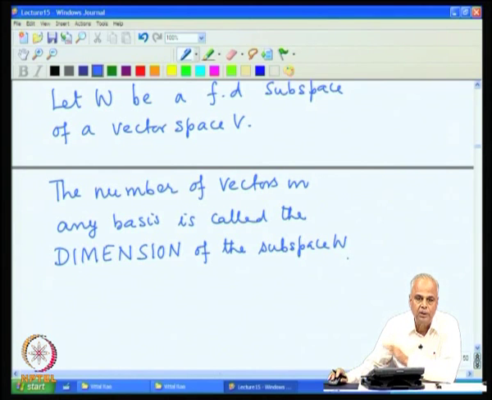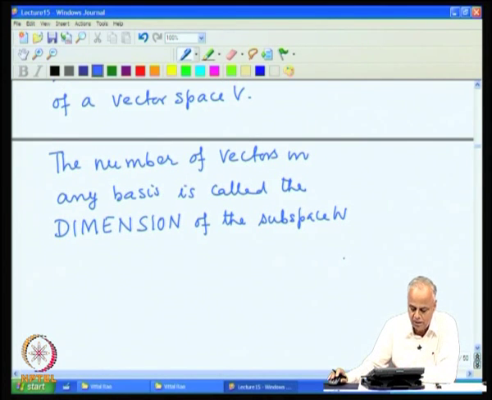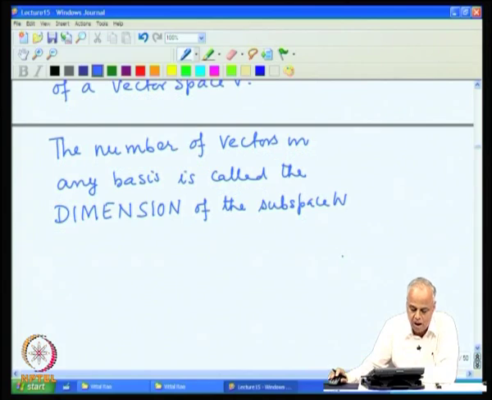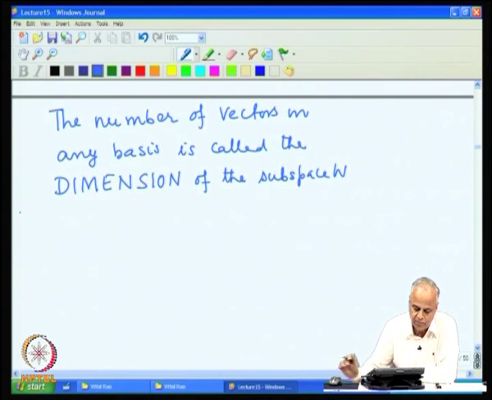At the moment we will restrict only to the linear algebraic, or what is known as the Hamel dimension. This has to be added, that it is called the Hamel dimension of the subspace, but we will call it only dimension because we will not be talking about any other dimension in this course. So, the number of vectors in a basis is called the dimension.